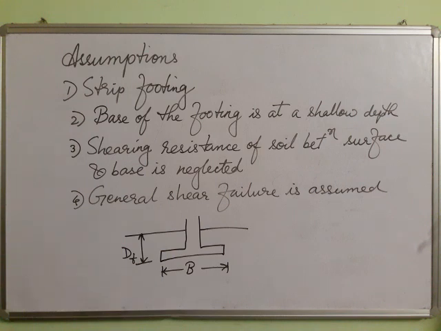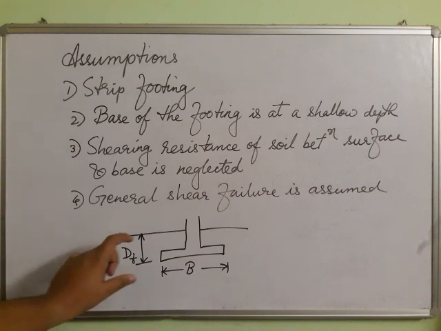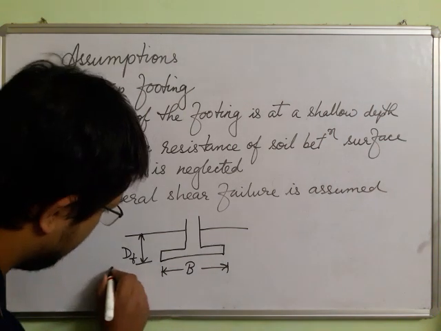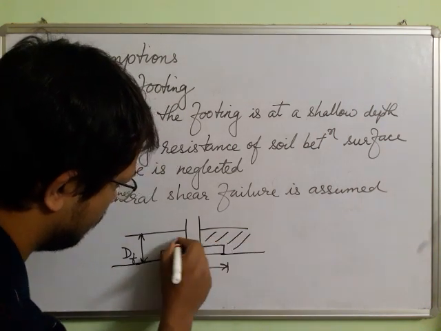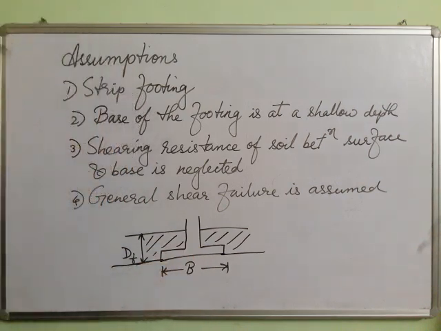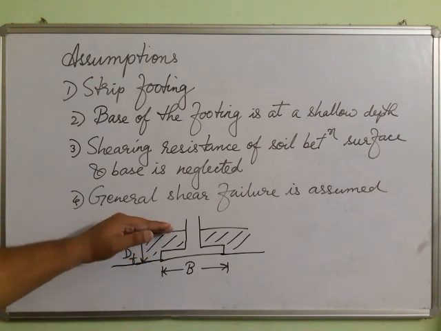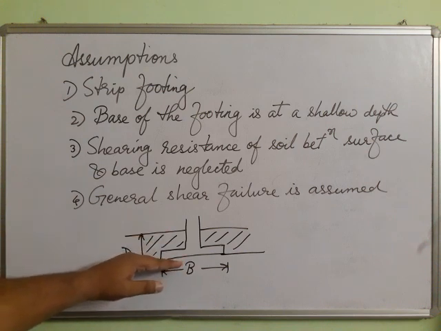Next is the third one. Shearing resistance of the soil between surface and base is neglected. That means we neglect the resistance of the soil which is located here. Are you getting my point? From here to here, this is the top surface of the soil, this is the base of the footing.